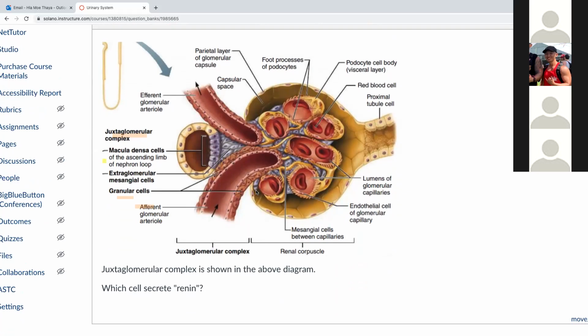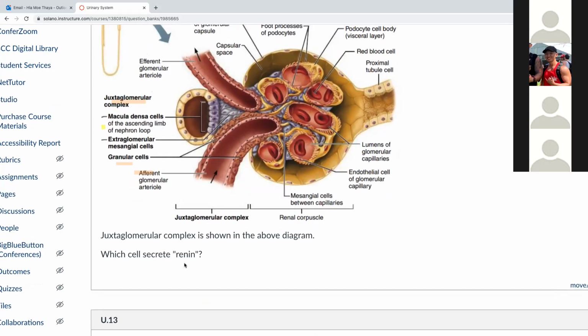That's the juxtaglomerular complex. Which cells secrete renin? So in this diagram, there is no label at all. There is no A, B, C, D. So which cell secretes renin? Of course, granular cell, isn't it? Granular cell.